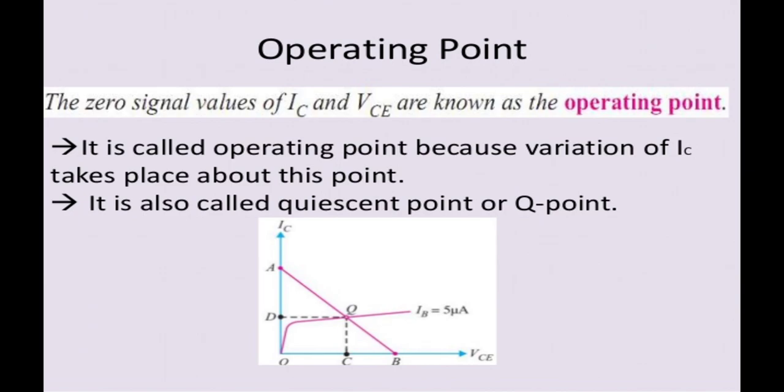Then the circuit diagrams for those configurations. Next was load line analysis, how it works and its applications, and what is meant by the Q point, the operating point, and its equation. So these are all the basics about the BJT, bipolar junction transistor.